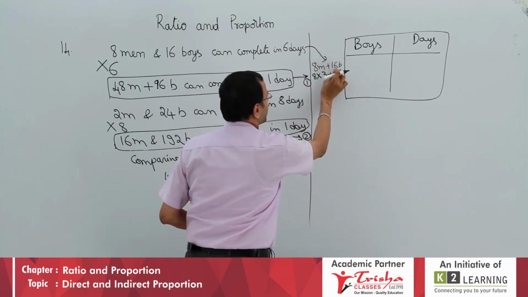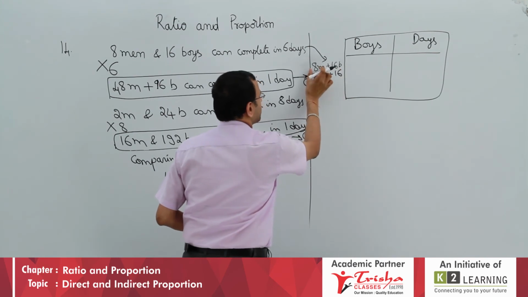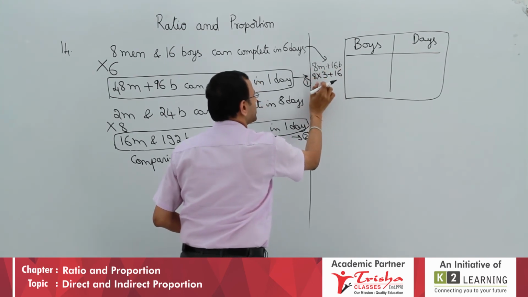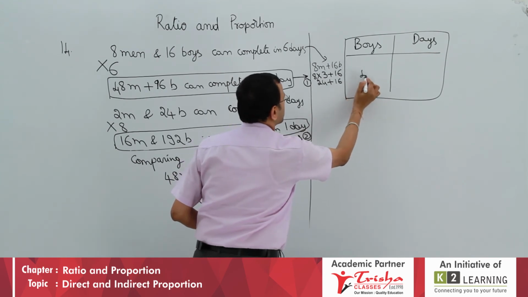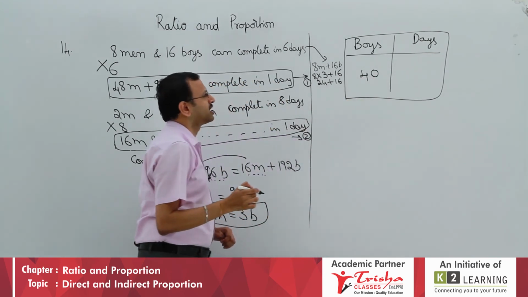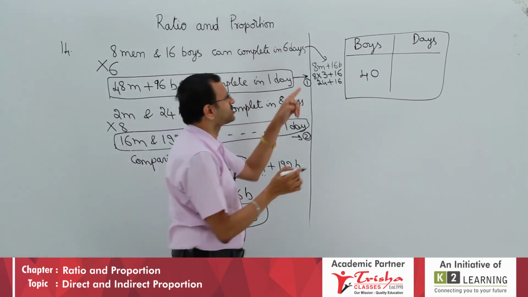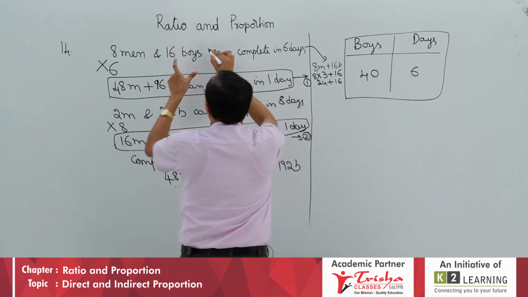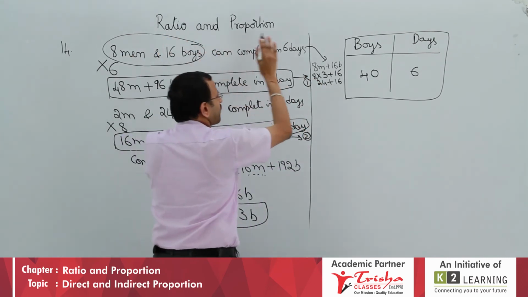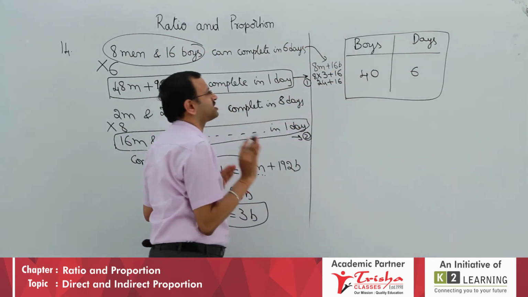I couldn't add 8 and 16 because of men and boys, but if I multiply by 3 here, 24 boys plus 16 boys, that means nothing but 40 boys can complete in 6 days. Saying 8 men and 16 boys is as good as saying 40 boys can complete in 6 days.